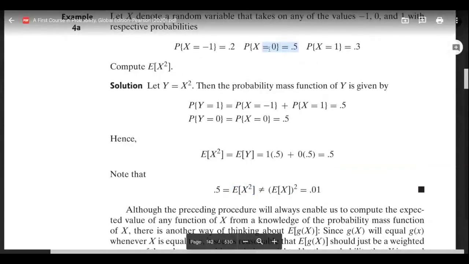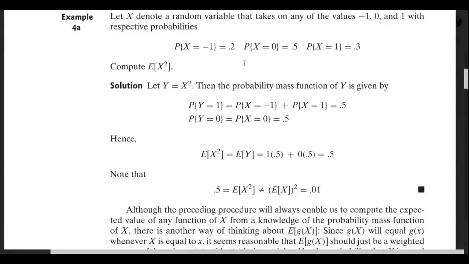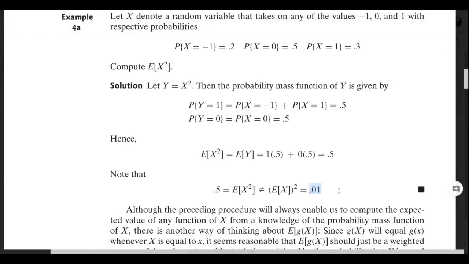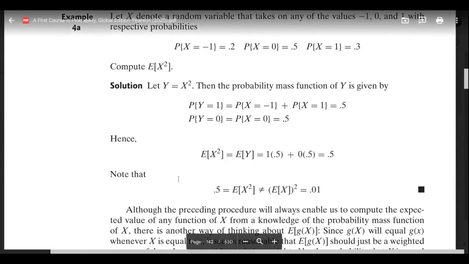Because this term is gone, right? 0 times 0.5 is 0. Then we have the expected value of x: -1 times 0.2 plus 1 times 0.3. That would be 0.1. Then 0.1 squared would be 0.01. All right, so now I think I understand that notation. Does anyone have any questions?